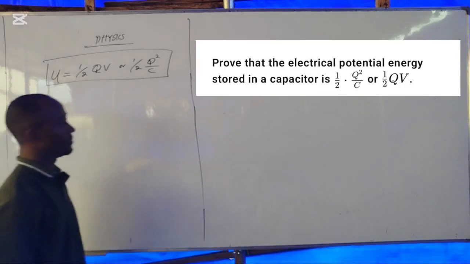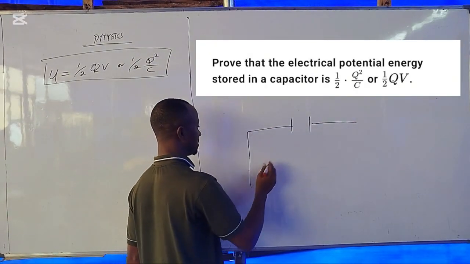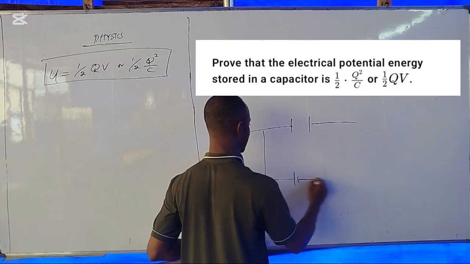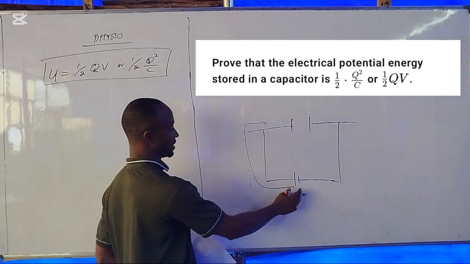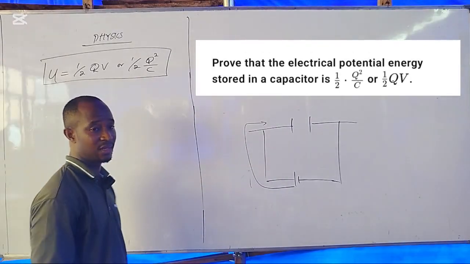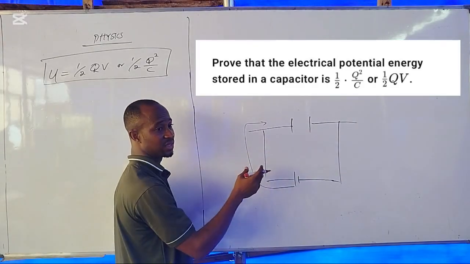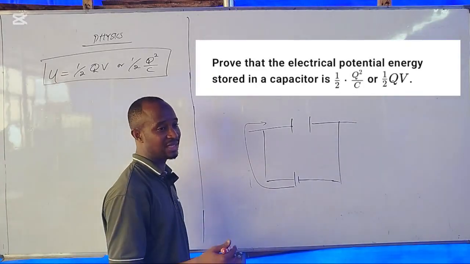We talked about it: if we have a parallel plate capacitor connected to an external source, this battery supplies energy, right? The energy supplied to the movement of the charge is equal to the potential energy or work done by that charge.